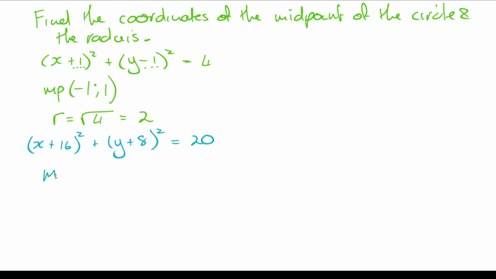So I've got midpoint equals negative 16 because I changed the sign, negative 8, I just lift them straight from there, and the radius equals the square root of 20. It's a square root because technically this is r squared.